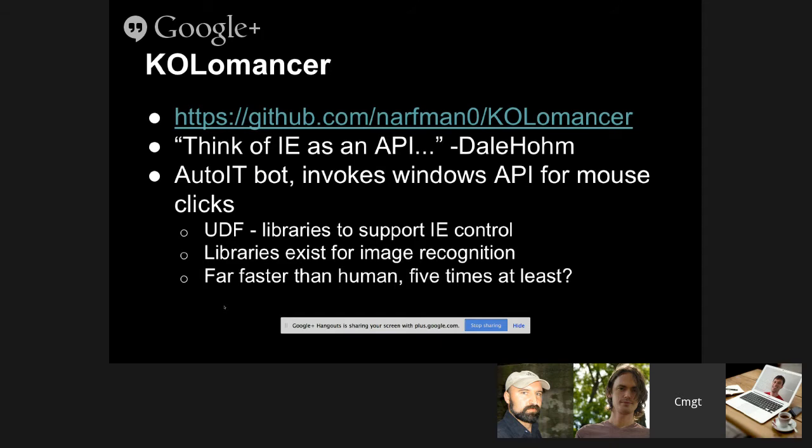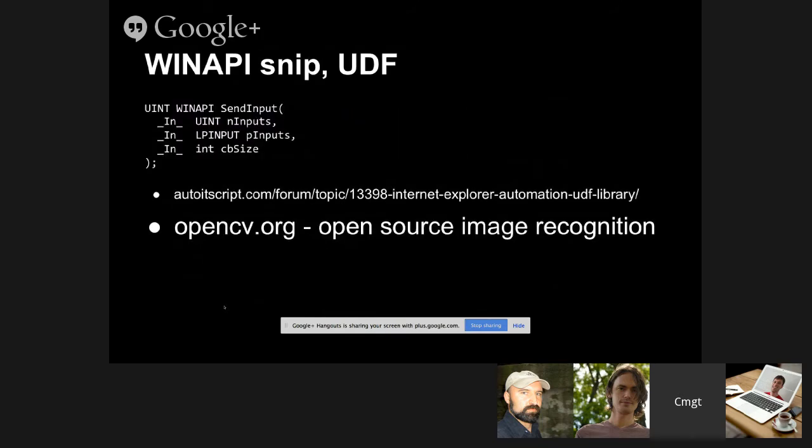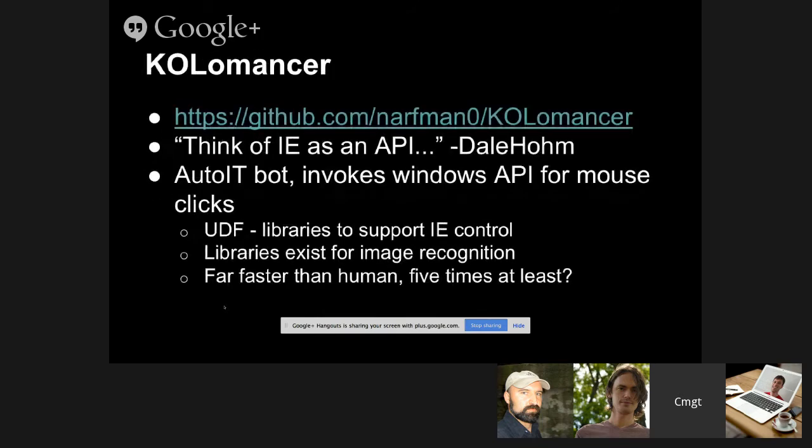Quote from one of the AutoIt UDF developers: think of IE as an API. Not a big Microsoft fan of IE, but when I read this, I thought that was helpful, maybe insightful, maybe not. Either way, I figured, well, I'll see what this guy has to say, maybe use some of his stuff.